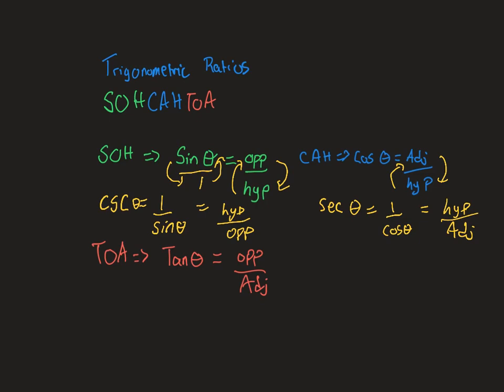And then finally we have TOA, which should now be called cotangent of theta, which is the same thing as saying 1 over tan of theta, which is the same thing as flipping these again, so adjacent over hypotenuse. Those are what you call the reciprocal trigonometric ratios.